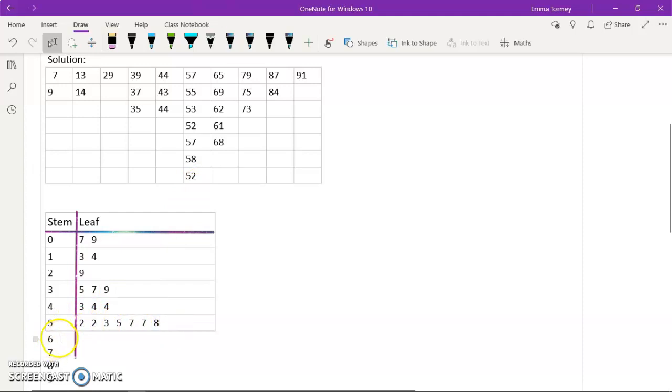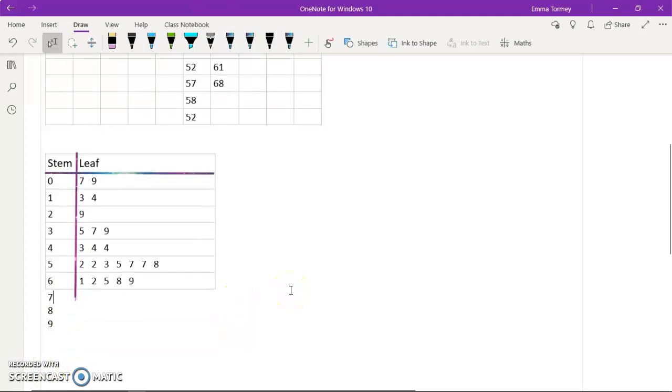So that's fine. Now I'm looking at my 60s, and what have I got? I've got 61, then 62, then 65, then 68 and 69. Moving up to my 70s, I've got 73, 75 and 79.